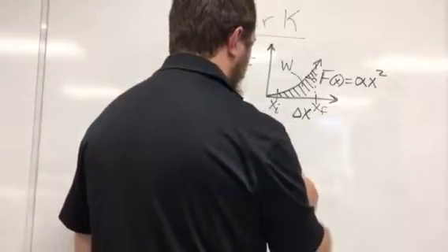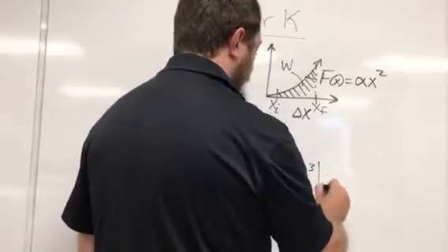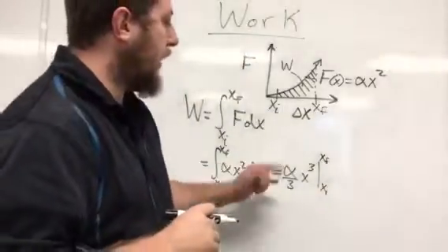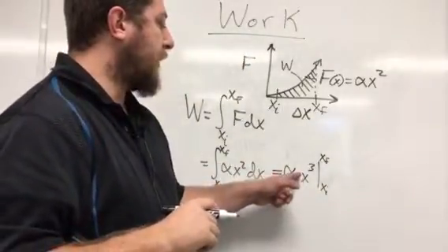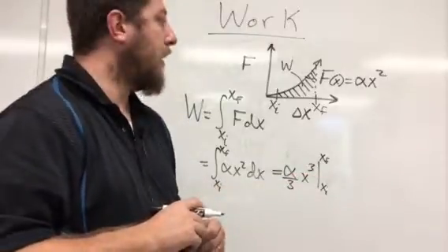So this is going to be alpha over 3 times x cubed, evaluated from xi to xf. So this would turn into alpha over 3 times the quantity xf cubed minus xi cubed.